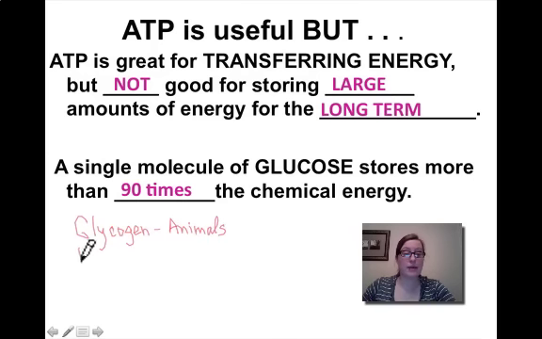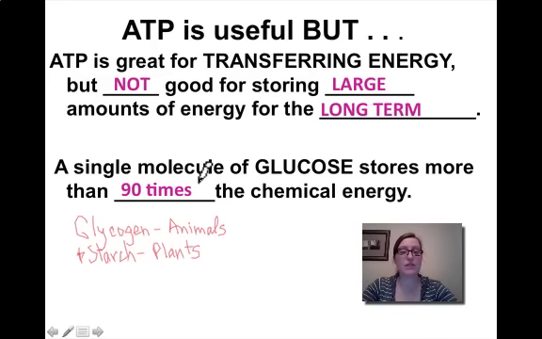And then in plants, we're going to store it as starch molecules. Okay, so both glycogen and starch are polysaccharides. In other words, they are long chains of glucose molecules, and that's how we're going to hang on to it until we need it. Once we need the energy, then we will take and convert a glucose molecule into ATP so it can be spent.